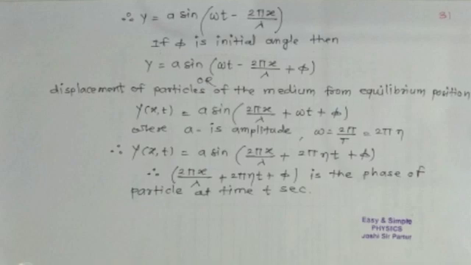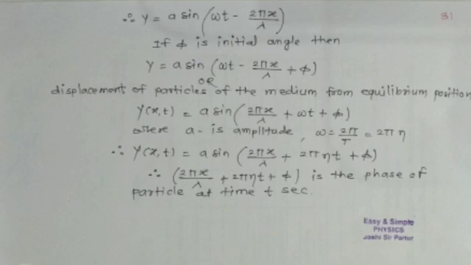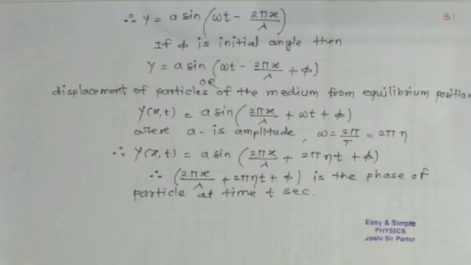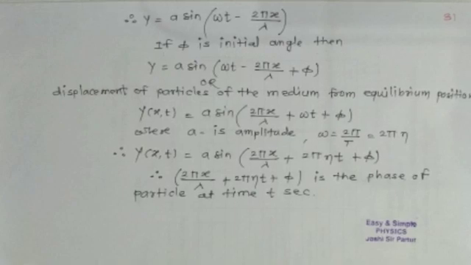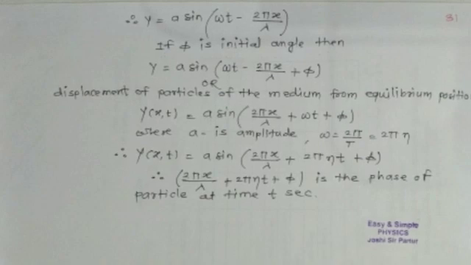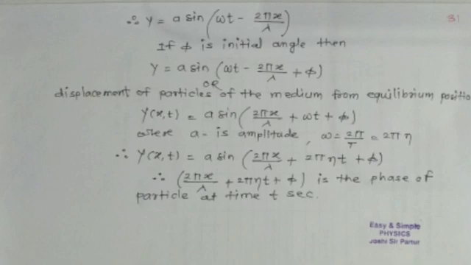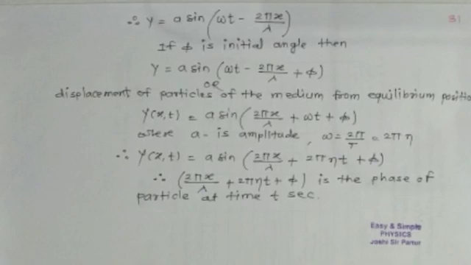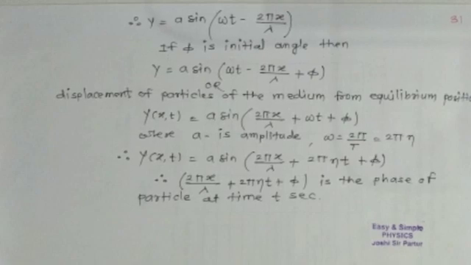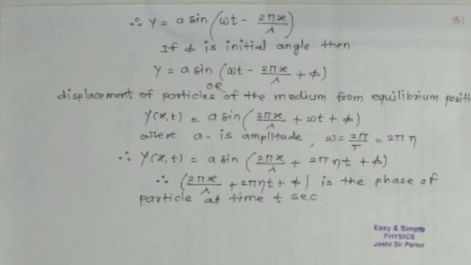The displacement of a particle of the medium from equilibrium position y, at coordinate x and time t, is equal to a sin(2 pi x upon lambda plus 2 pi n t plus phi). Here 2 pi x upon lambda plus 2 pi n t plus phi is the phase of the particle at time t second.